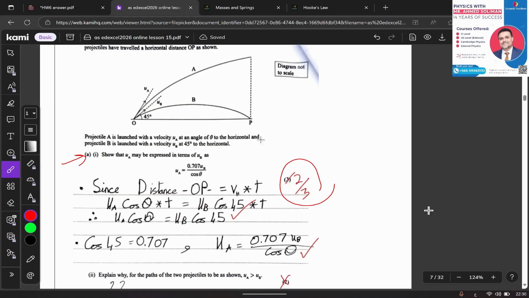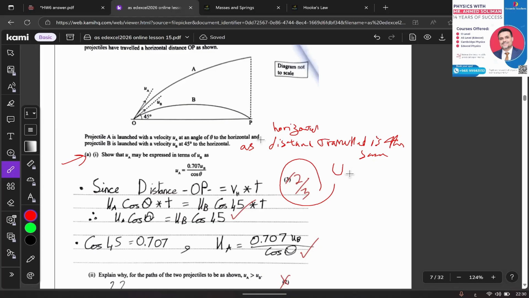What do you think, Habiba? He just needs to add what? As distance, horizontal distance traveled is the same. He has to write what?